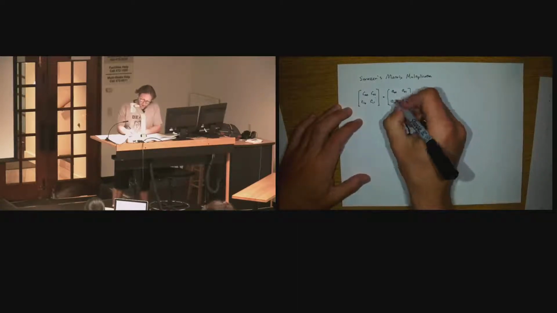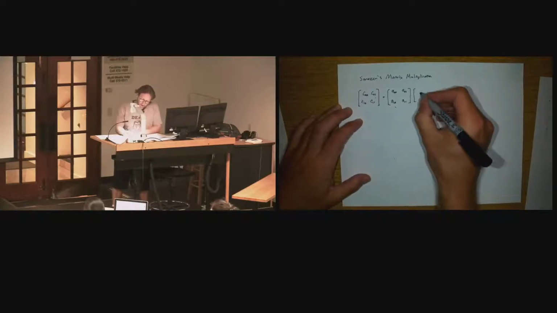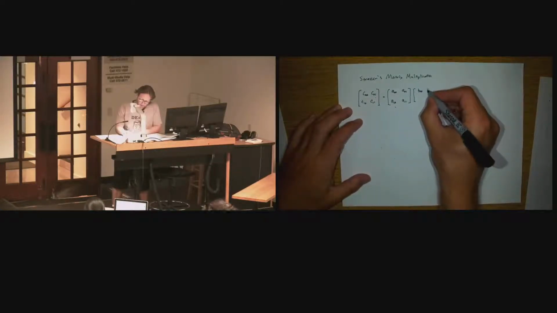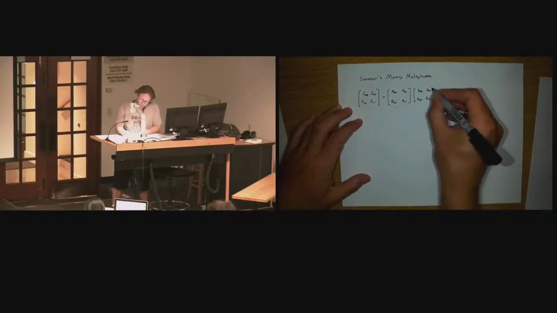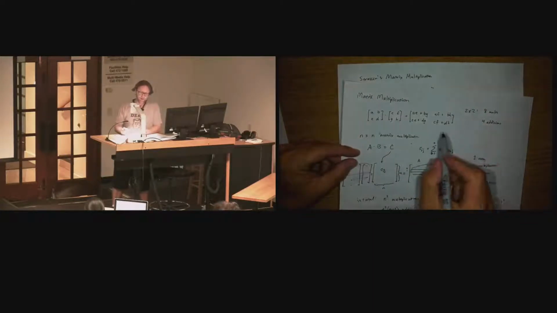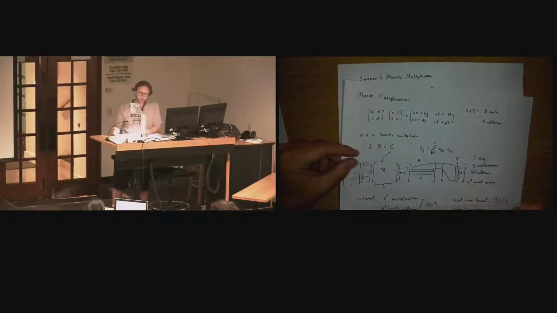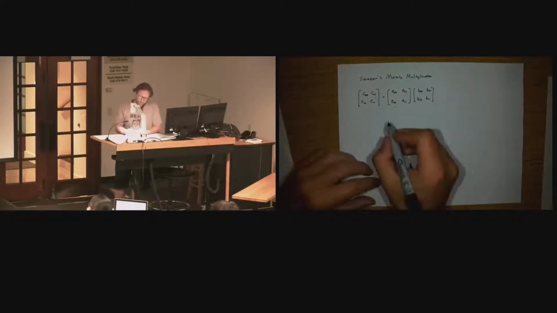I've got my first 2 by 2 matrix here, and I will multiply that by B00, B01, B10, and B11. And again, normally it looks something like this, but of course A, B, C replaced with all the A's and the B's and their index values. What he did is he came up with another identity.